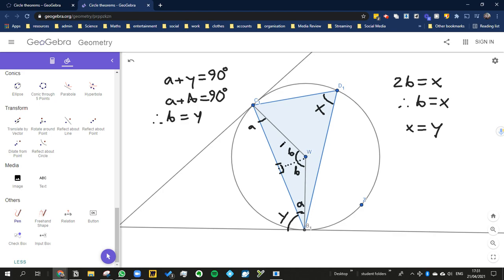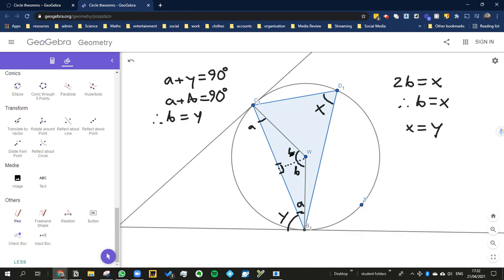This angle would be the same as this angle, call that A, and then I said that A plus Y must be equal to 90 degrees because this W to B1 has to be perpendicular to this tangent using a previous circle theorem. So we had A plus Y is equal to 90.